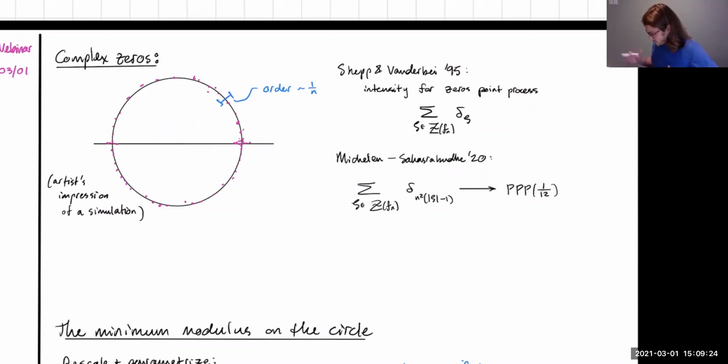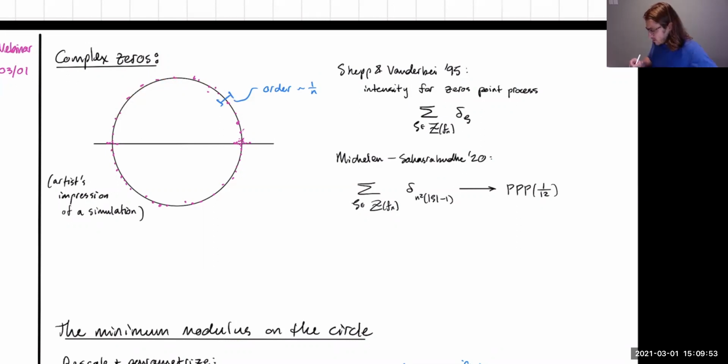And there's a similar sort of answer. And it turns out that our methods can also be applied to this problem. So what they did is, if you have n zeros, and you want to understand how far the closest zero is to the circle, well, as we'll see, there's a lot of independence.